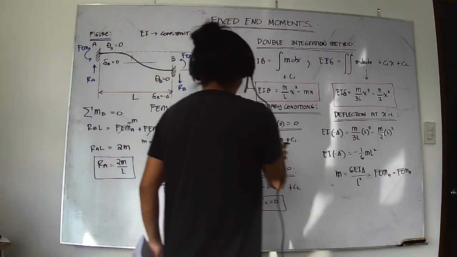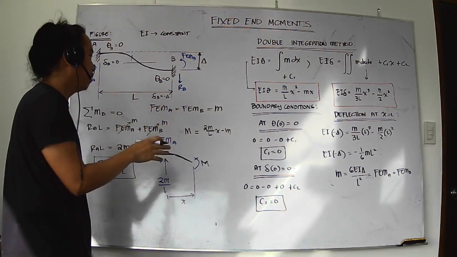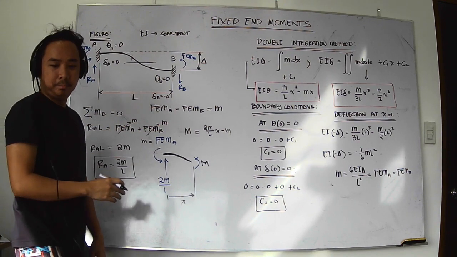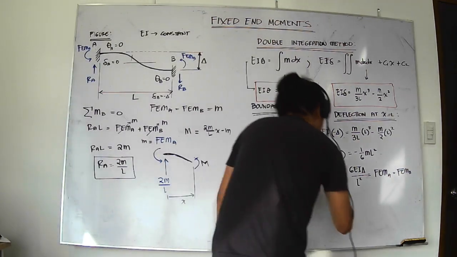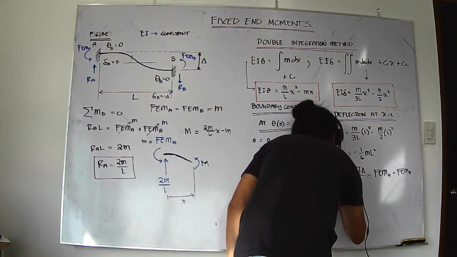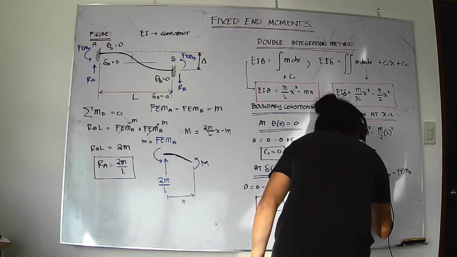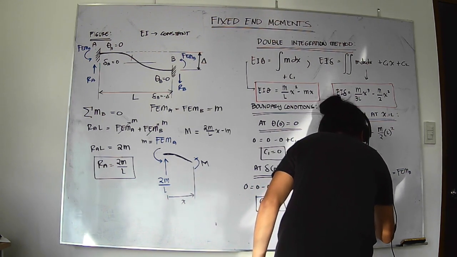So FEMA is equal to FEMB is equal to M. In other words, our FEMA is equal to 6EI delta over L squared.